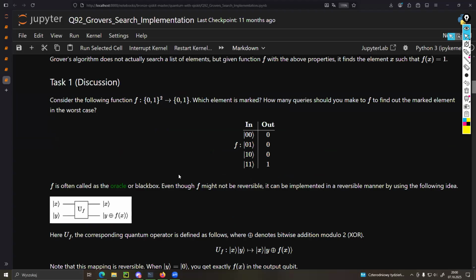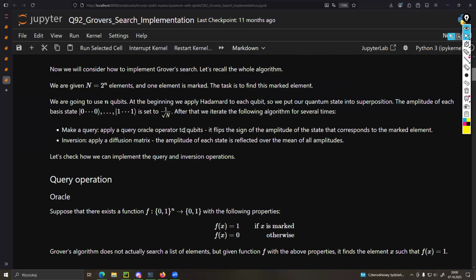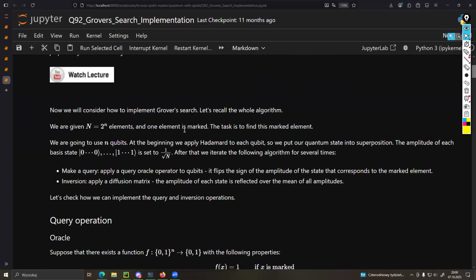This is not done in the tasks anywhere besides the last step of this notebook, because we have already been doing this throughout all of these notebooks many times. It is very easy. We just apply H tensor H tensor H on whatever qubits we have.